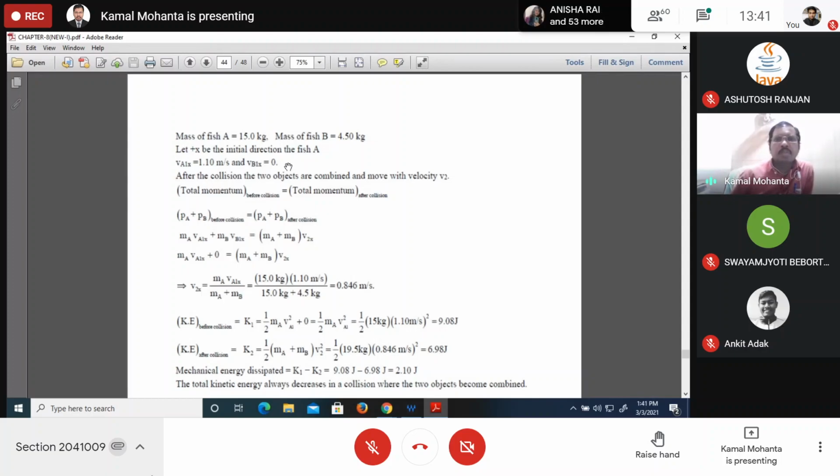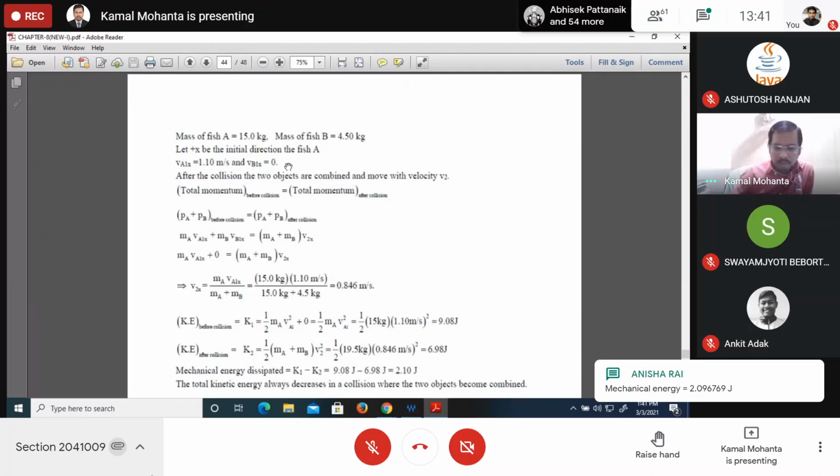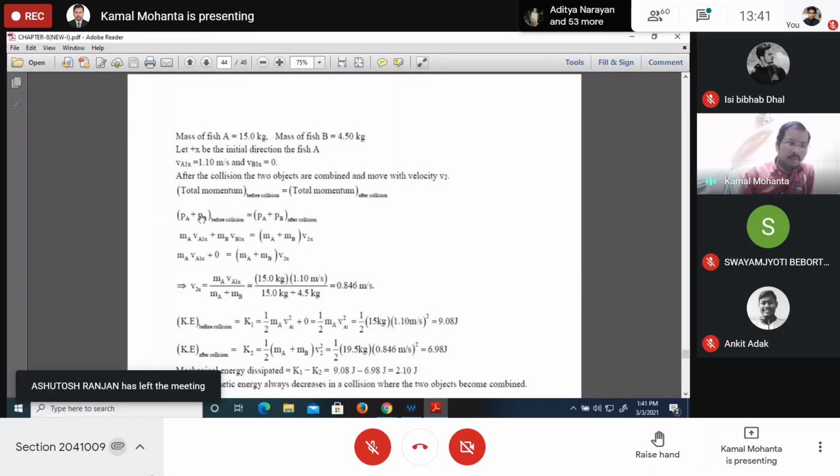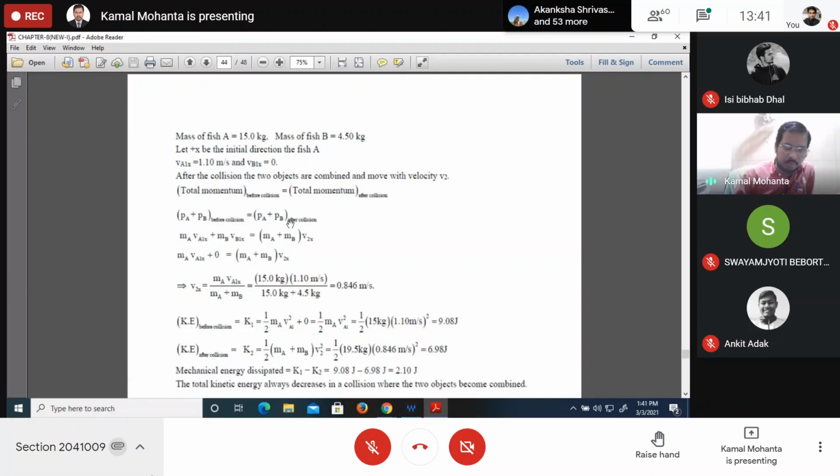So again, we have to use the conservation of momentum formula. After collision, the two bodies are combined and move with the velocity V2. The total momentum before the collision is equal to the total momentum after the collision. So PA plus PB before collision is equal to PA plus PB after collision.